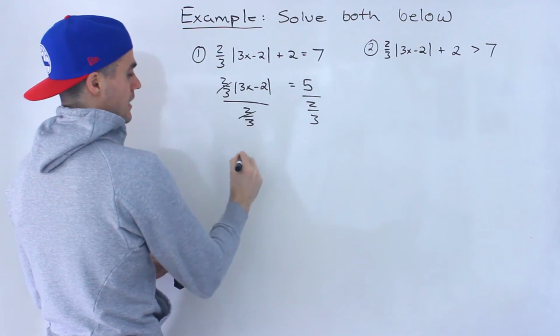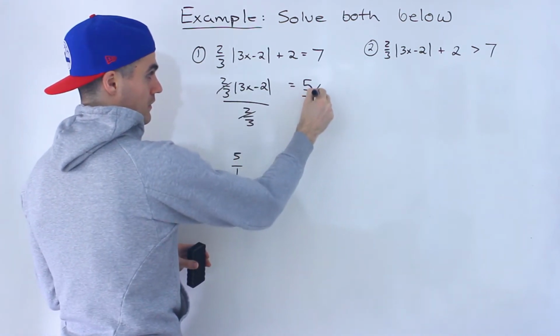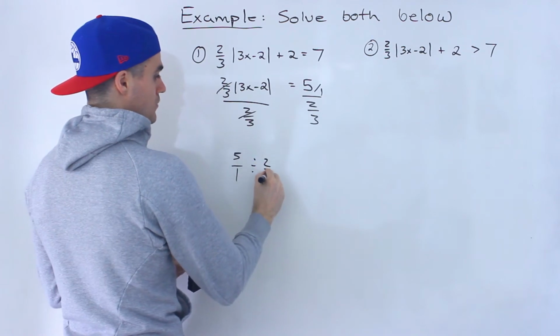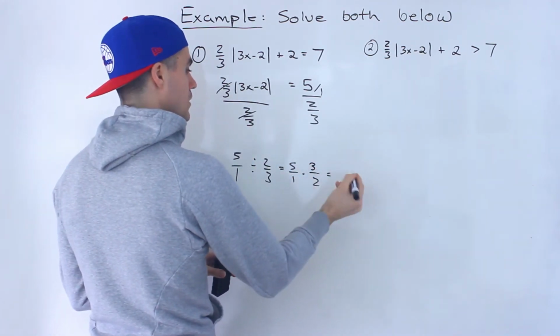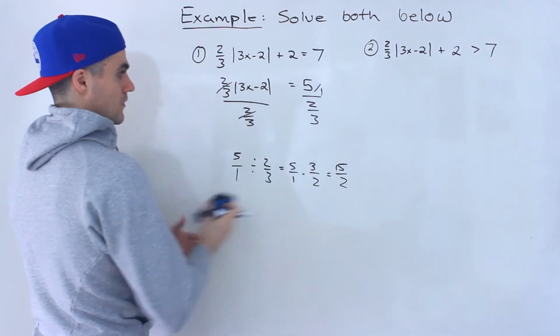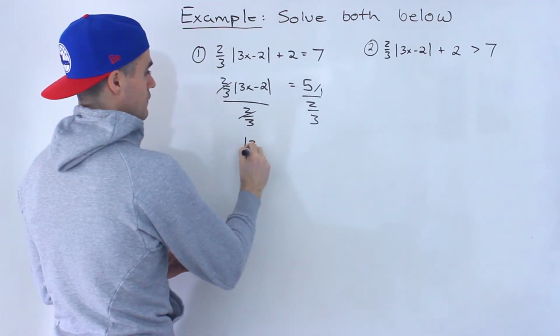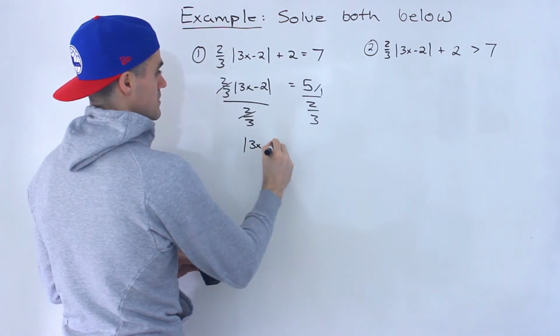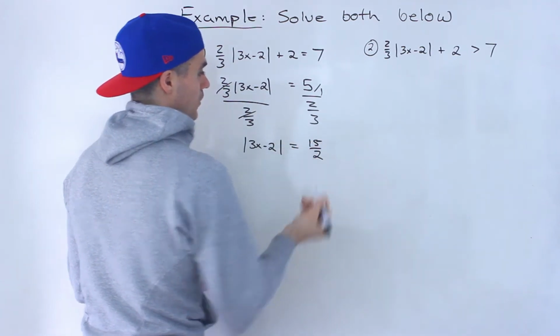So these would cancel out, and we'd have 5 over 1 divided by 2 over 3, which is 5 over 1 times 3 over 2, which would give us 15 over 2. So we would end up with the absolute value of 3x minus 2 equaling 15 over 2.